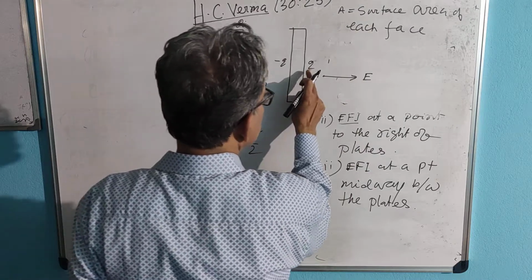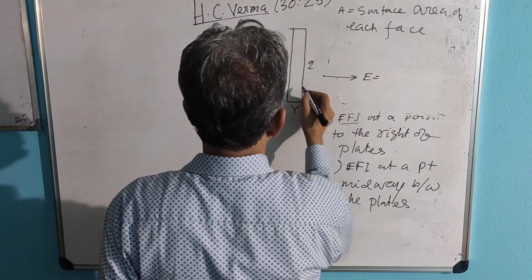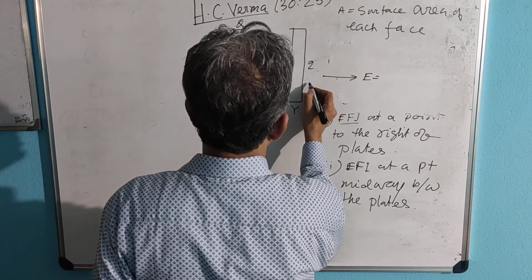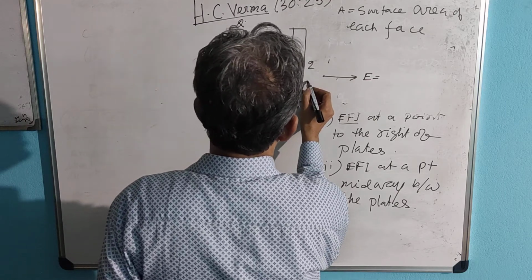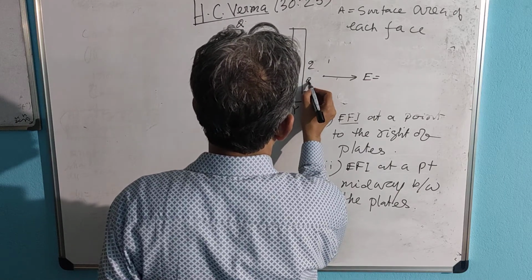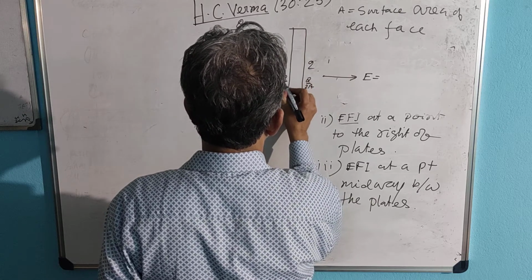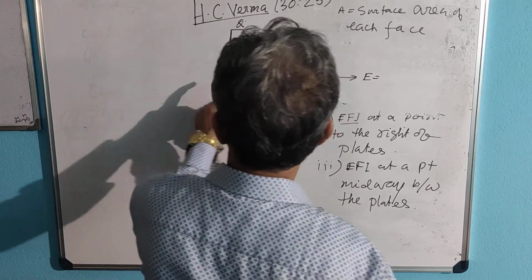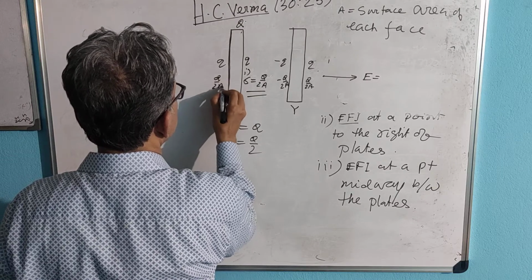Then due to this, this is Q, this is Q, this is minus Q. For this, the surface density of charge will be Q by 2A. For this, the surface density will be minus Q by 2A. And for this, again Q by 2A.